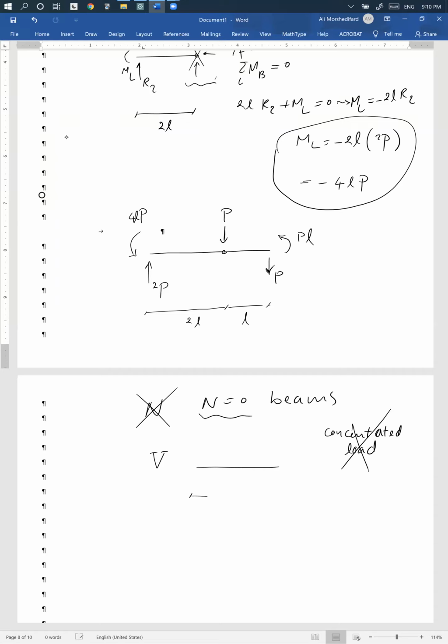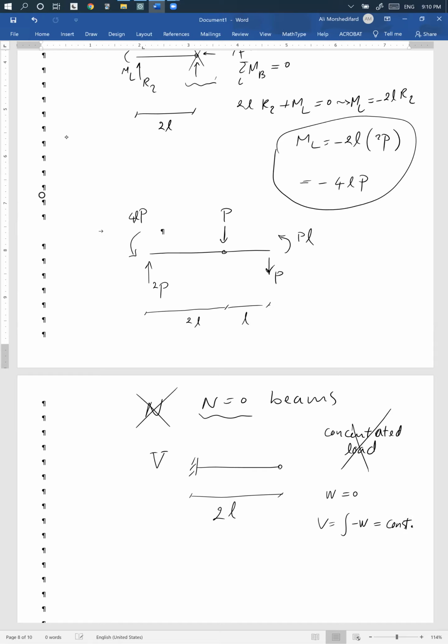So I take it from 0 to L. I know that 0 to 2L, basically the first segment, along this segment, W is 0. So V, which is the integral of negative W, should be a constant.